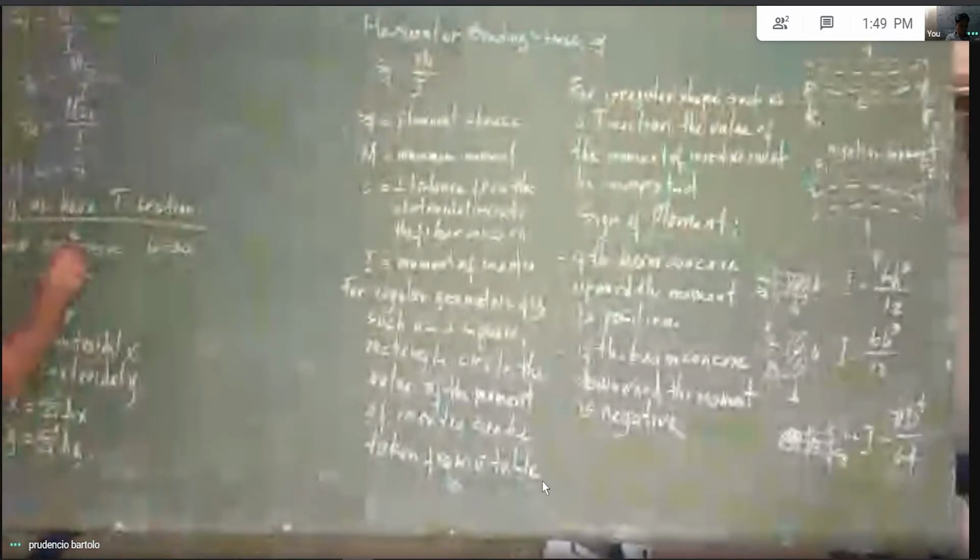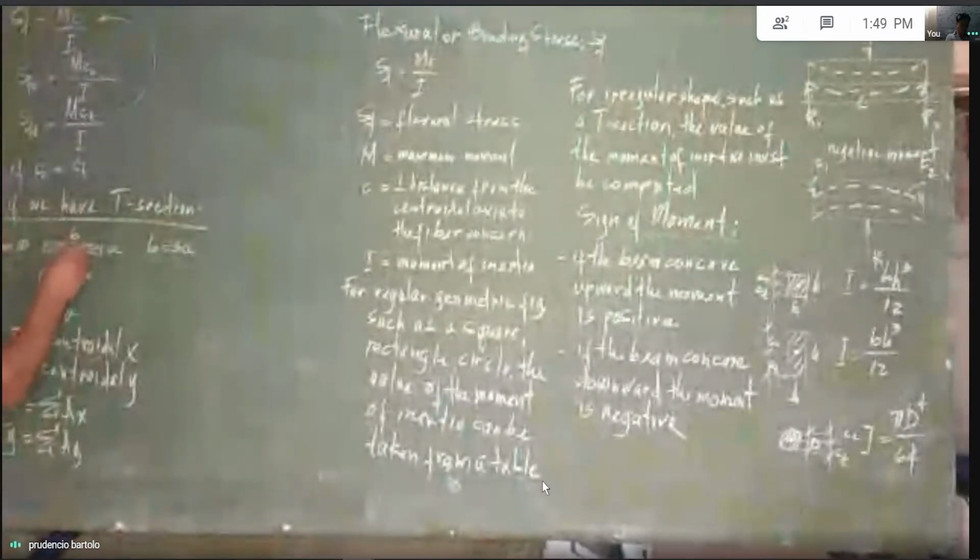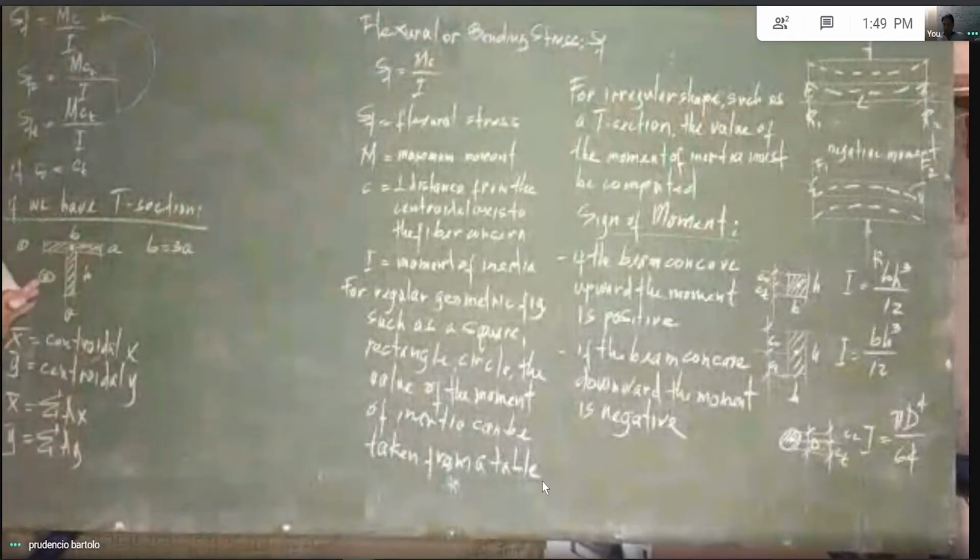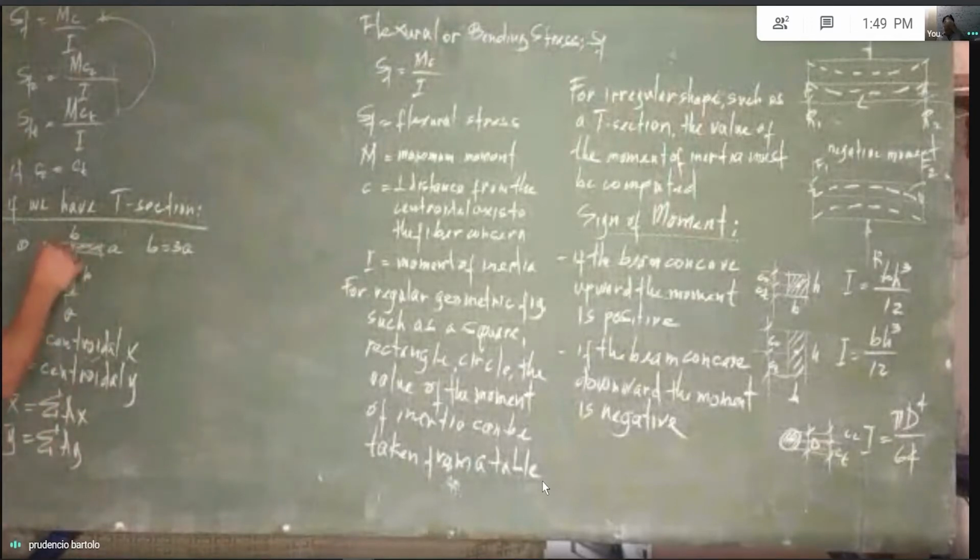In this case, figure number 1, whose centroid is here, and figure number 2, whose centroid is located at the middle of the rectangle here.